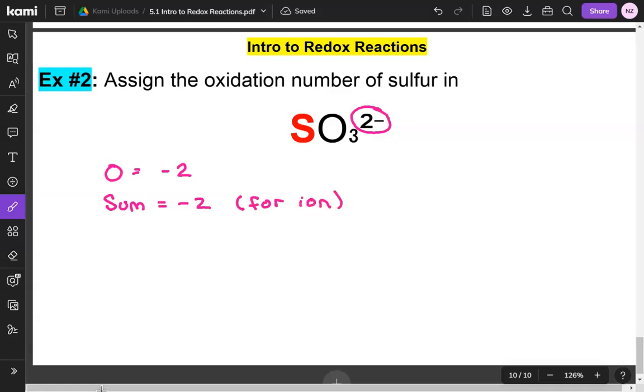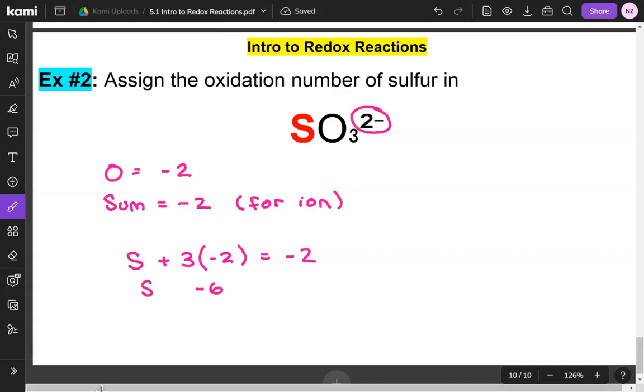If I put this into an equation, I've got whatever sulfur is. I have 3 oxygens, each oxygen is -2, and that is going to sum up to -2. So 3 times -2 is -6.